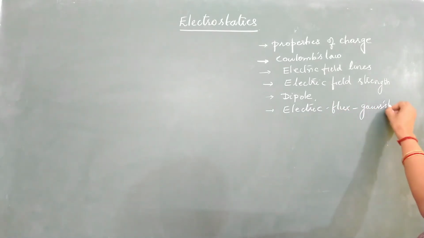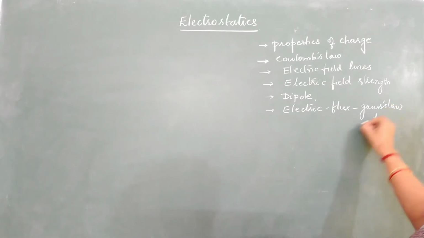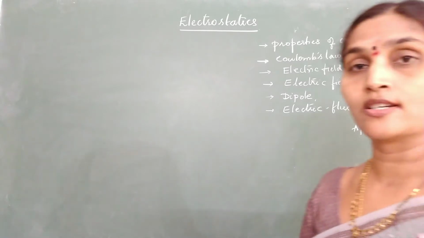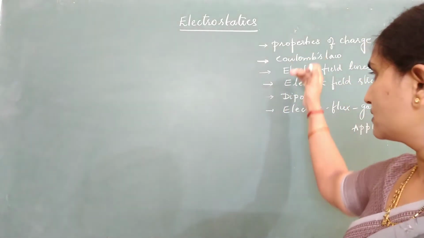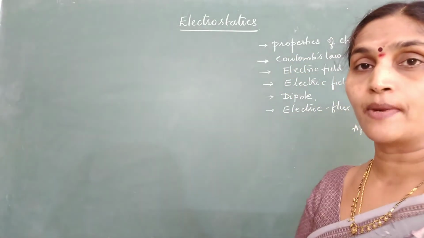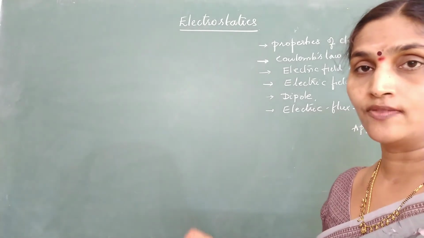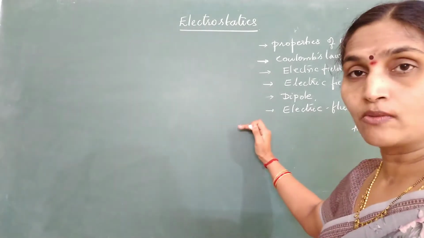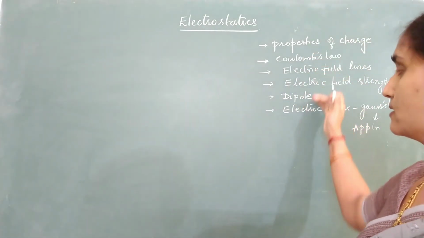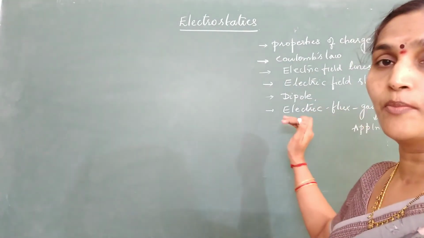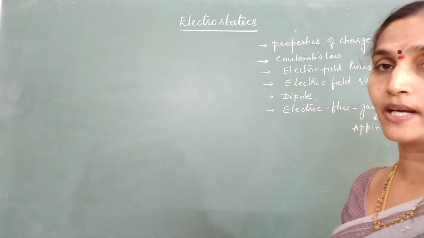Relating flux we have Gauss law and its applications to continuous charge distributions. So these are the subtopics in the first part of the chapter, that is charges and fields. In part 1 of electrostatics, let us quickly go through the formulas and important concepts regarding these parts.